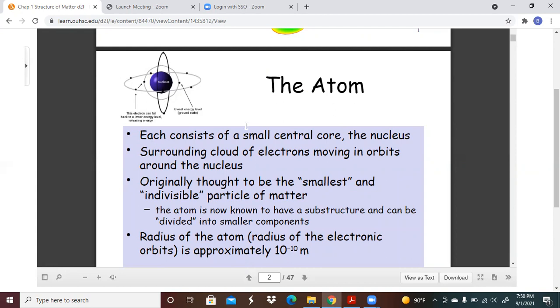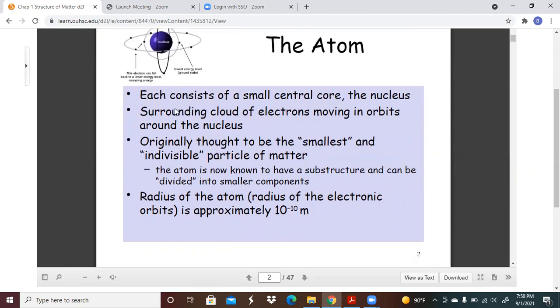Each atom consists of a small central core and then surrounding clouds of electrons moving in orbits around the nucleus. There is actually an app out, I know in the Apple store, where you can see what the clouds of atoms around the nucleus actually look like. It's something I had in graduate school.